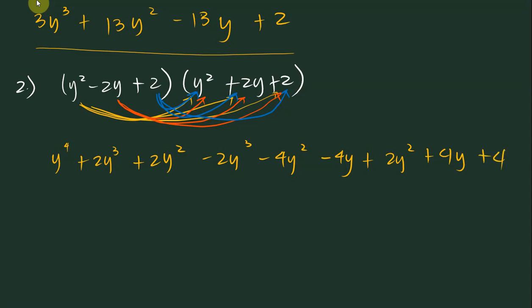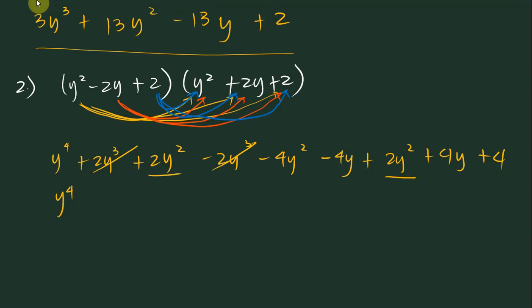Let's combine like terms now. There are no other y to the fourth, so that's only one. And then cube, 2y cubed and minus 2y cubed, so these cancel out. Then squared, how about squared? We have 2y squared here and 2y squared here.